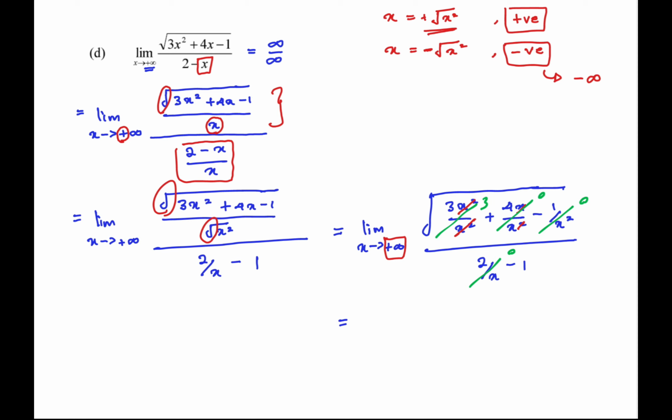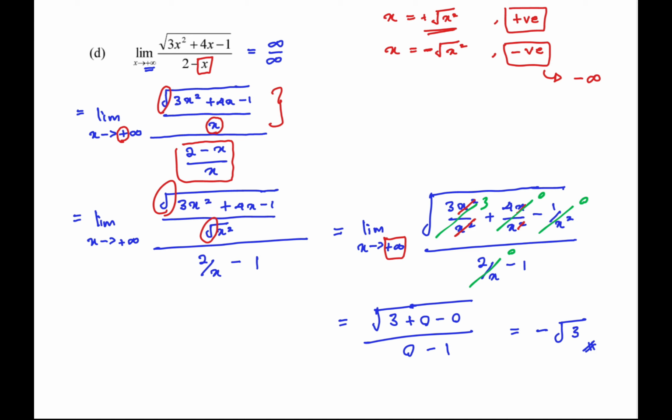So we get square root of 3 plus 0 minus 0, divided by 0 minus 1. So your final answer is negative square root of 3. Okay, that is the solution for question D.